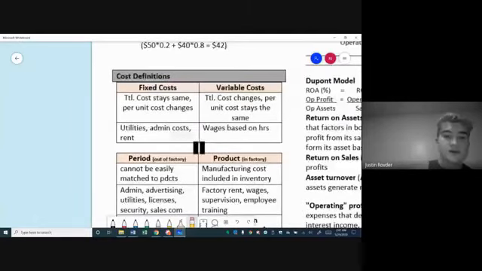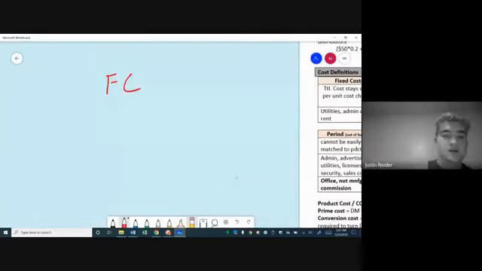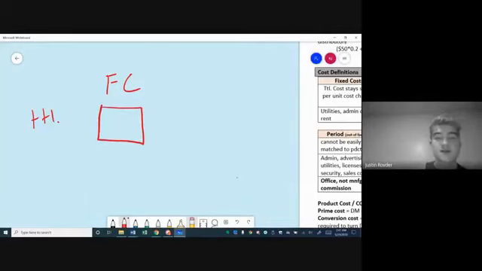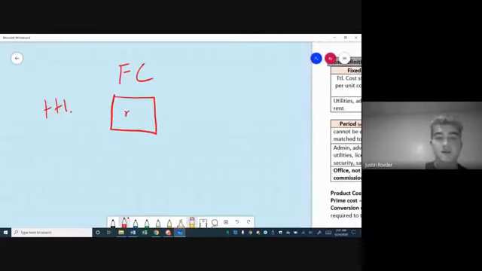So when it comes to fixed costs, their total cost always stays the same. So if this is a total fixed cost, let's say it's rent, no matter how many units you produce, that rent or that total cost will always stay the same. But the per unit cost will change.